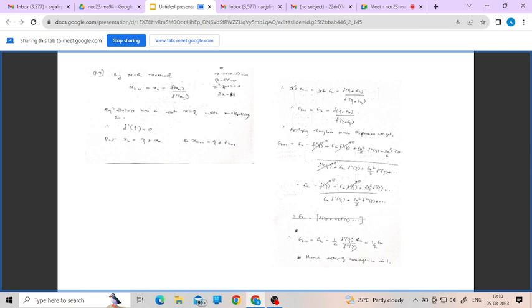So next question is, consider the equation x square minus 6 equals 0 and x naught, that is the initial value, is 2. Then the value of x1 using Newton-Raphson iterations is. So you have the given equation and the initial value is 2. So you have to calculate the value of x1 using Newton-Raphson iteration. You can calculate it, it is easy. Proceed for it.